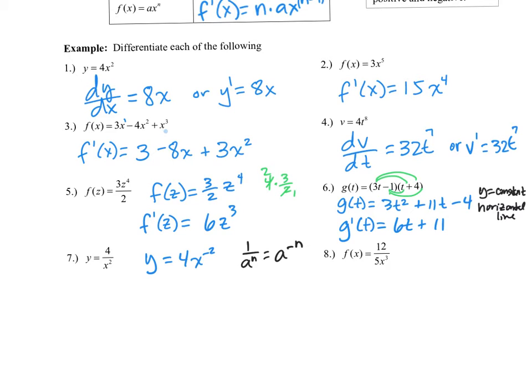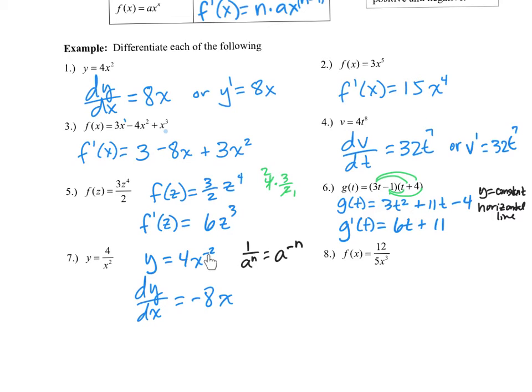Okay, so now when I go to find the derivative, dy dx, or if you want to, you can write y prime. I'm going to take this negative exponent and multiply it by 4. So negative 2 times 4 would be negative 8 x to the, now remember, you have to decrease the exponent by 1.